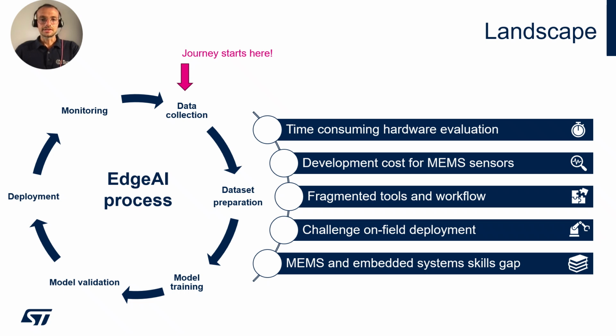Using the prepared dataset, and once you have selected the model fitting your use case, the machine learning model has to be trained to recognize patterns and make predictions. If the resulting accuracy of the model is satisfactory, the model needs to be validated on unseen data. If the validation succeeds, the model is then deployed on the edge. And after the deployment, continuous monitoring is required to ensure your model is working correctly over time.